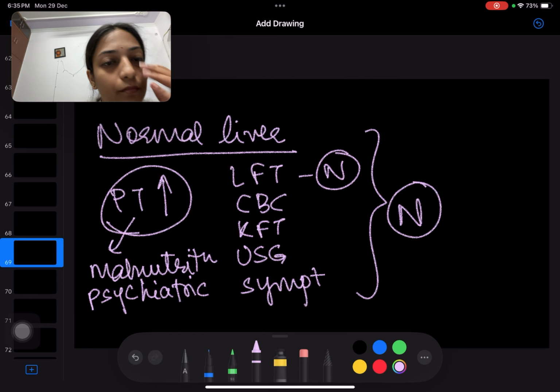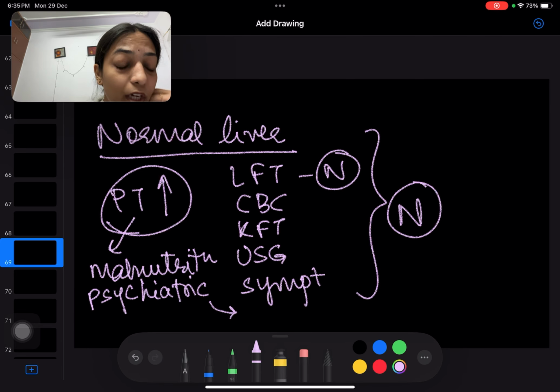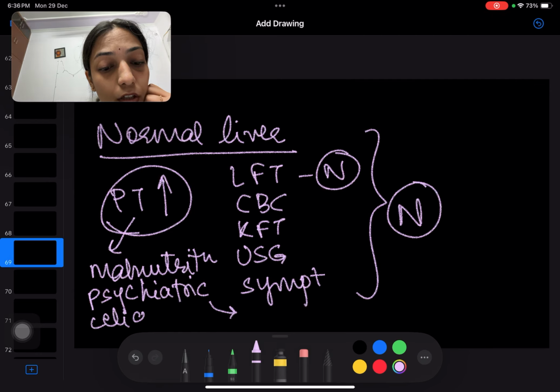Then I forgot the name of that disorder. Bulimia nervosa, right? In that bulimia nervosa, what happens is the patient does not eat. So this psychiatric malnutrition may lead to prothrombin time being raised. Then what else can be there? It can be celiac disease.